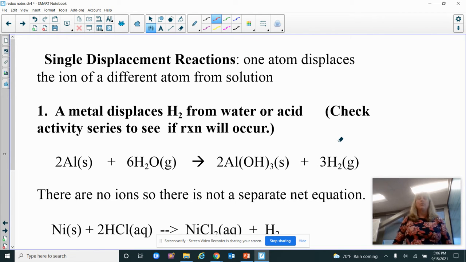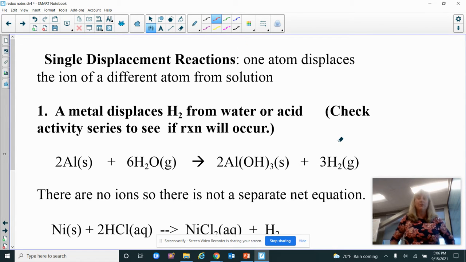So if, for instance, we had aluminum in water, we know that the aluminum can replace the hydrogen because hydrogen is like a metal as far as it's the positively charged ion when it's an ion. So we can kind of always relate hydrogen to metals.